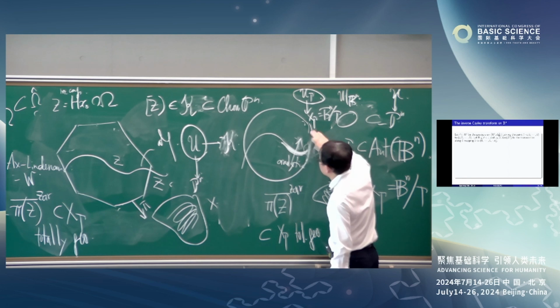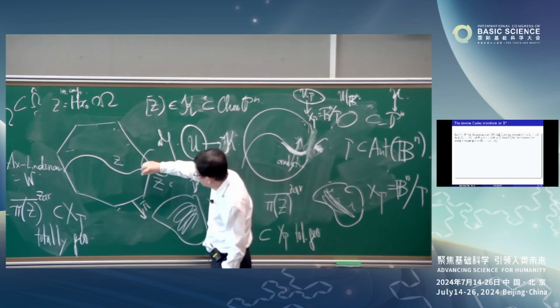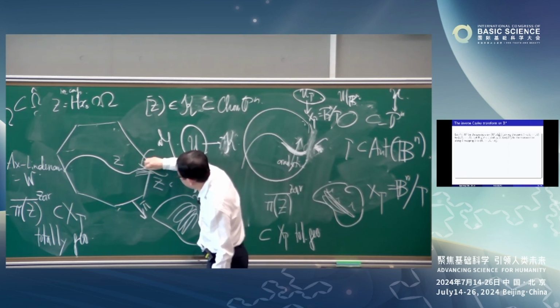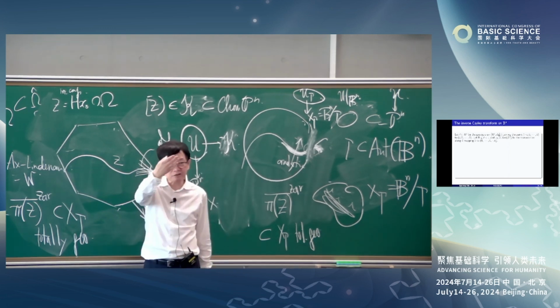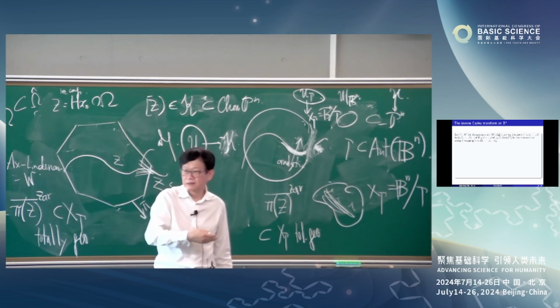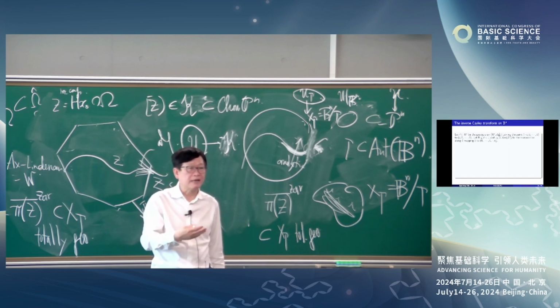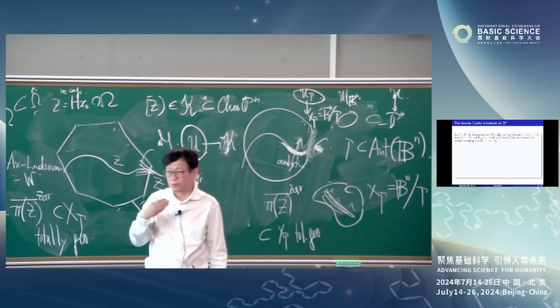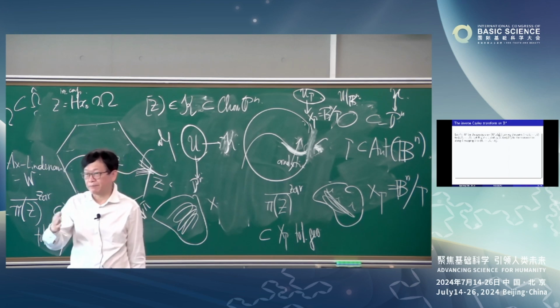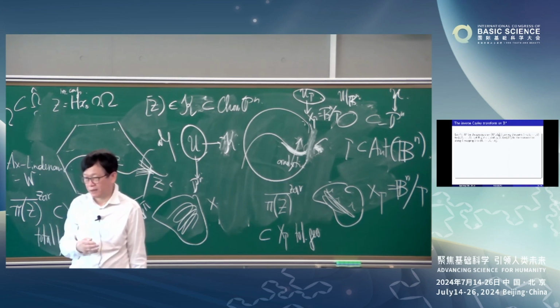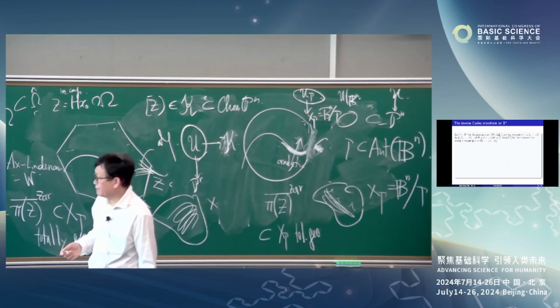This is not the situation of a ball, it's a situation like this. I can decompose this into pieces, and each piece cuts the boundary like the case of a ball. And when I do the rescaling, I would get isometric embeddings of balls. So not just one ball, but an isometric embedding of one family of B^n into the manifold.